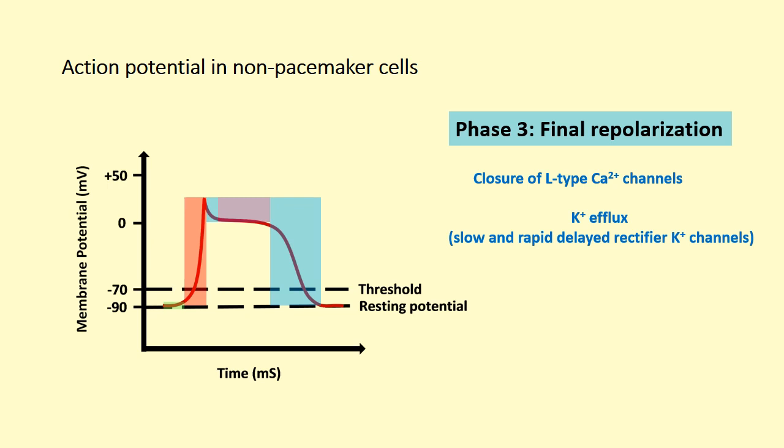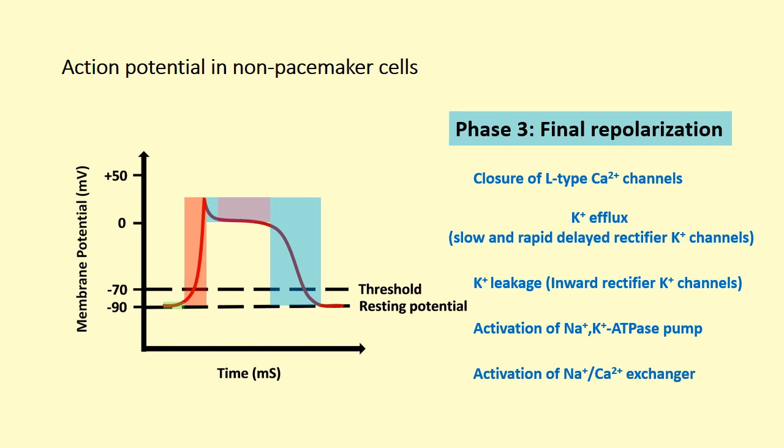Finally, the cell membrane becomes repolarized and its potential reaches -90 millivolts. The flow of potassium ions through inward rectifier potassium channels continues until phase 4. Sodium-potassium pump and sodium-calcium exchanger are also active in this phase to bring the membrane potential to the resting state.